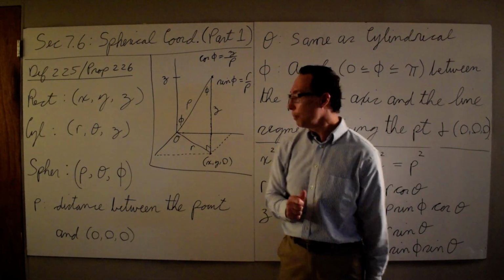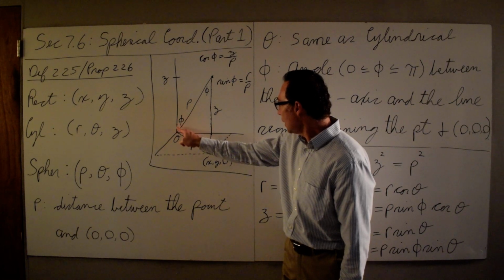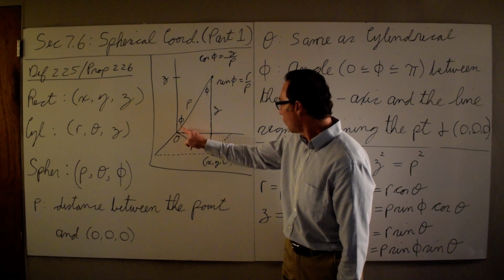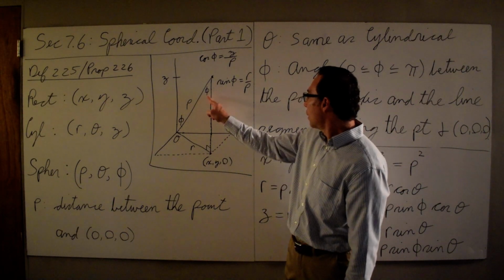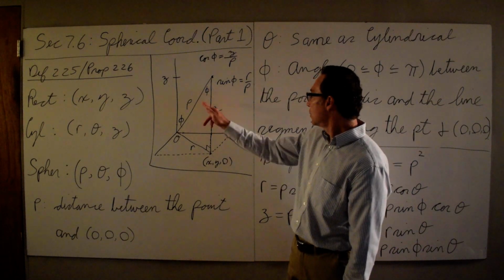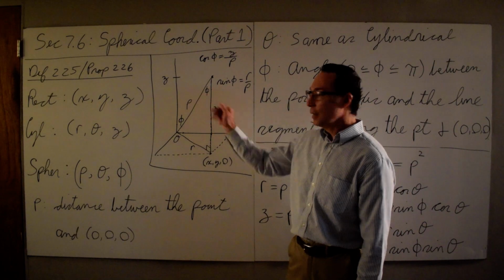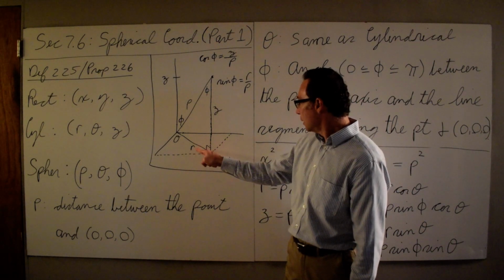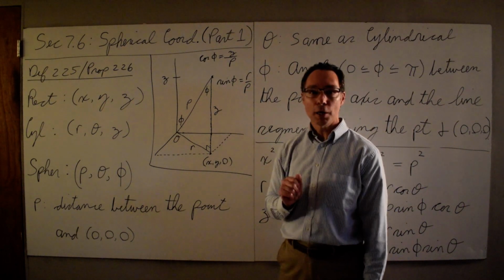But the reason I'm talking about this triangle is because now, if we look at this as our phi, this angle here and phi are complementary. What that means is now, this angle here also has measure phi. And so when we look at phi in this triangle here, we can see that sine of phi is opposite over hypotenuse. So sine of phi is r divided by rho.